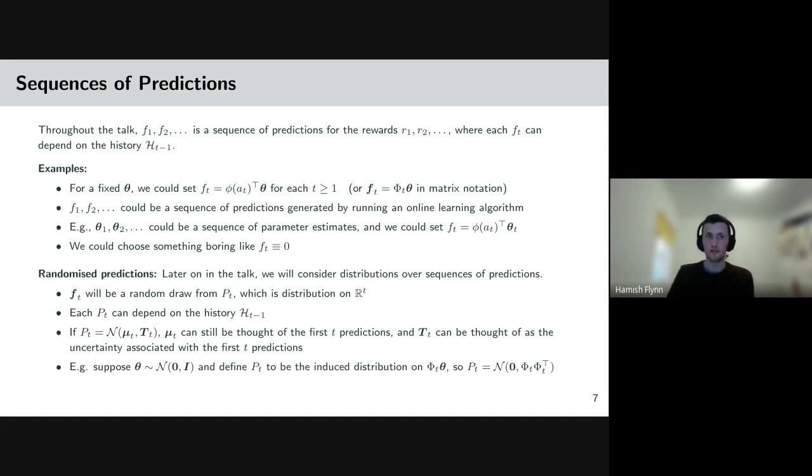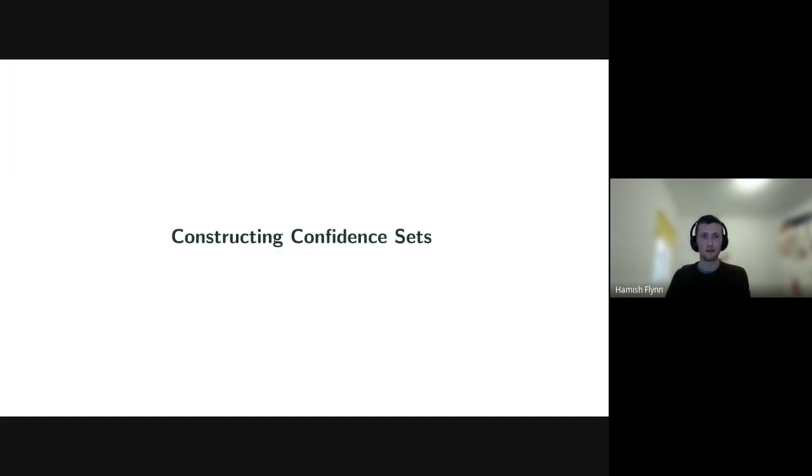So note that pt is allowed to depend on previous actions and also previous rewards. So pt can be considerably more exciting than this choice. Okay, so with all of that out of the way, we can now talk about confidence sets again.